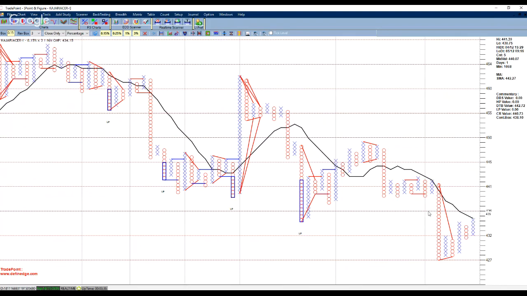Similarly, a basic sell signal happens when a column of O breaks down below the previous column of O. So when this O got printed, your basic sell signal got triggered. Is it clear?